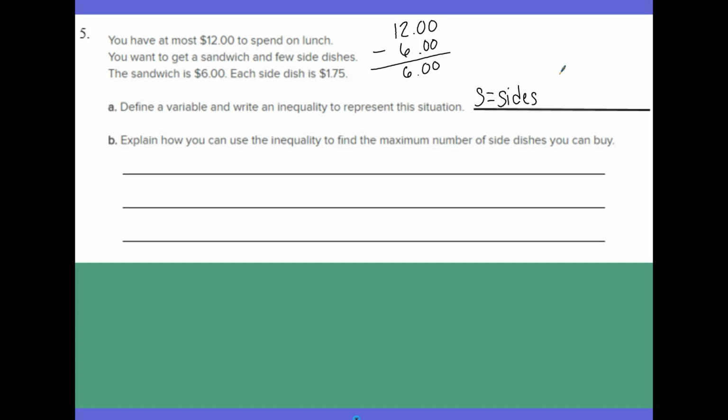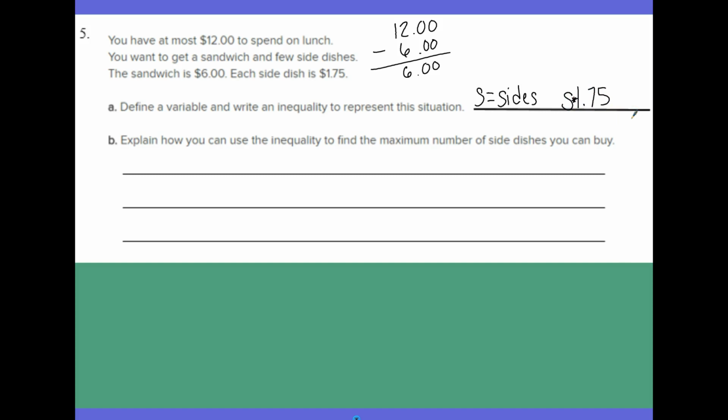So then our inequality, I'm going to take my number of sides times $1.75. And remember, you can put a multiplication sign in here if you would like to. If I have it right next to each other, it also means multiplication as well.